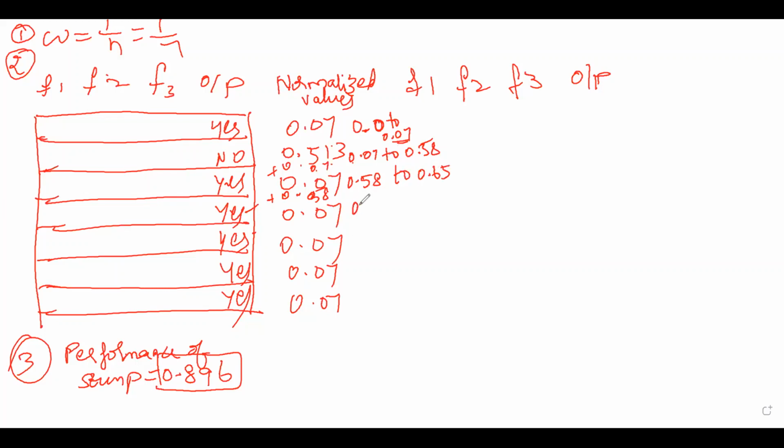Similarly, the next one, 0.65 to 0.72, and so on. We have to do like this. We have to generate a new data set based on normalized weights. We will try to divide into buckets.